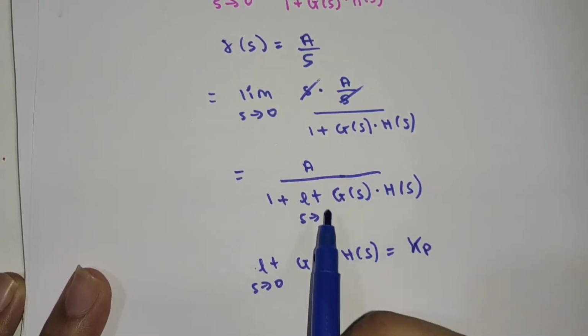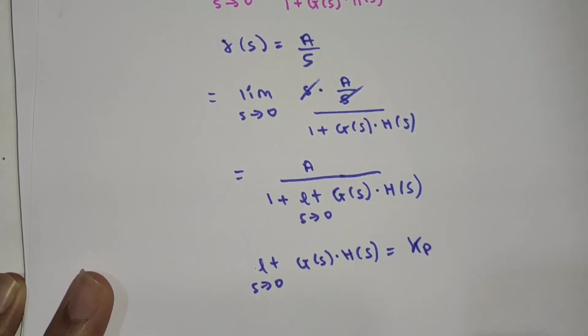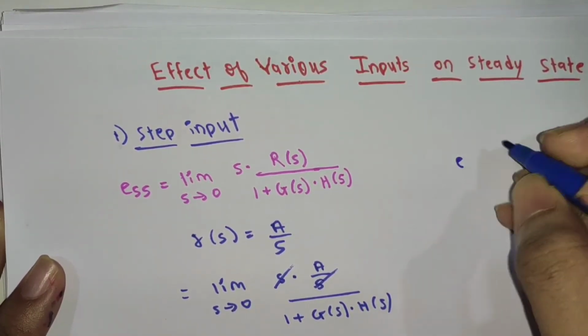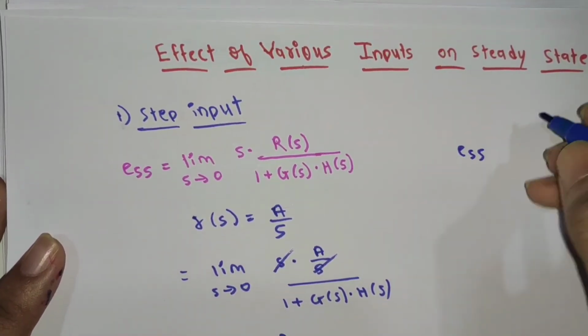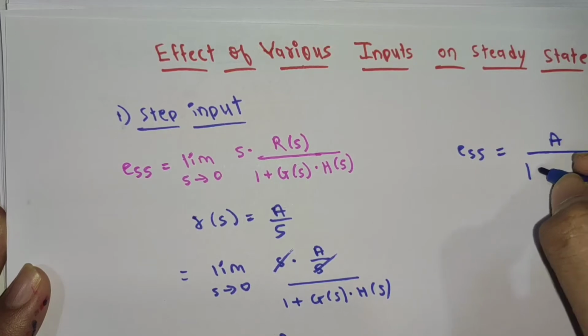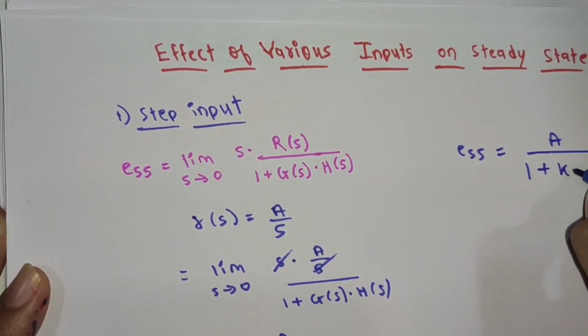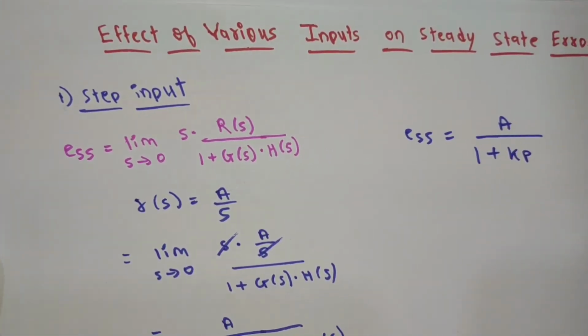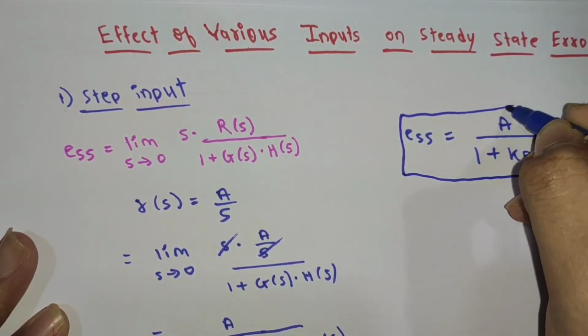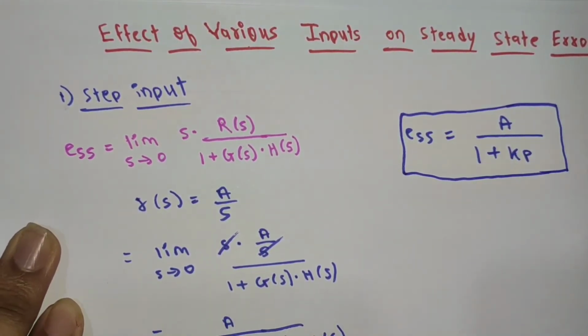So I can write this KP over here, and the formula for this will be ESS equals A upon 1 plus KP. This is the formula for the steady state error when a step input is applied.